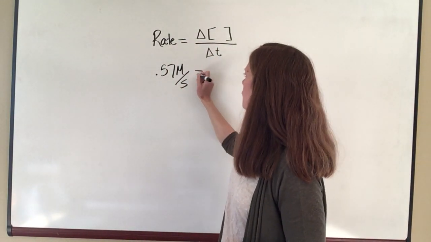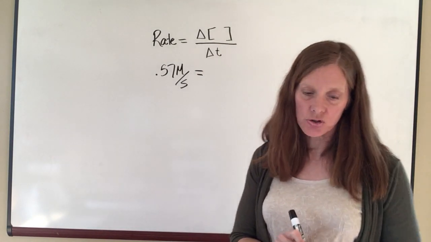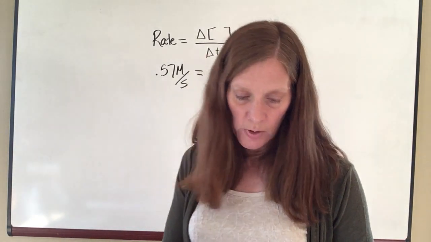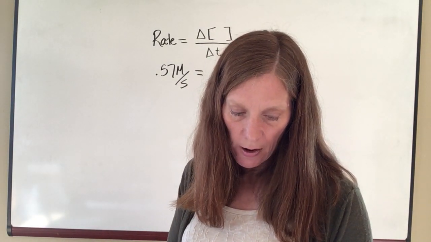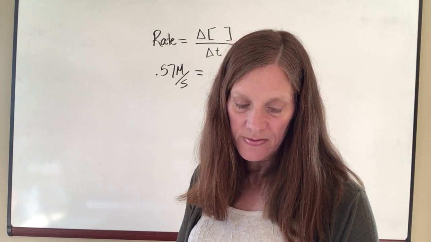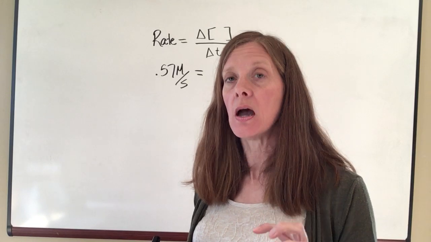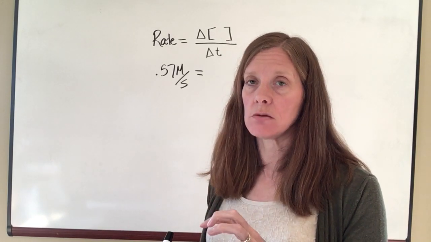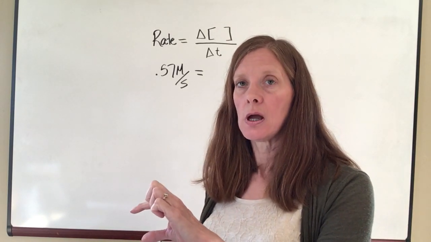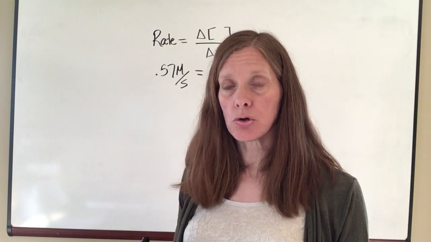So we're looking for the change in concentration, and we know that it starts out at 1.6 and then it ends up at 3.7. Now remember, using a change in means we go from final and then we subtract the initial from it.